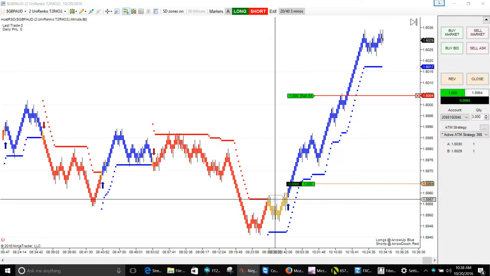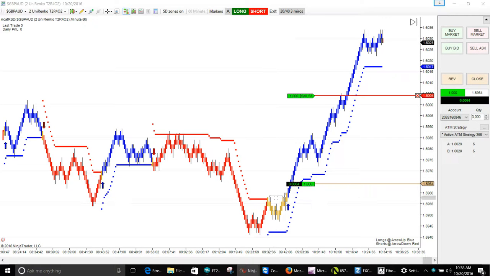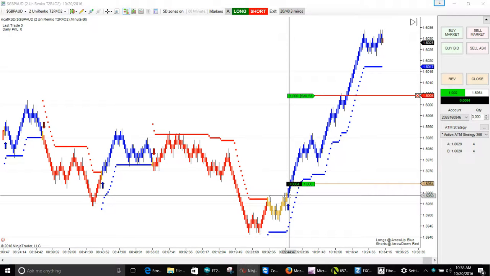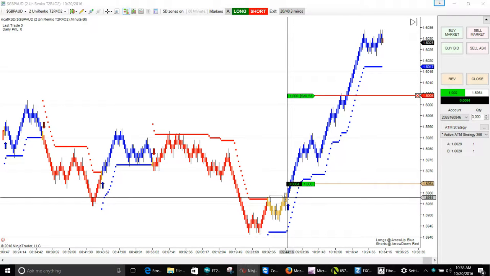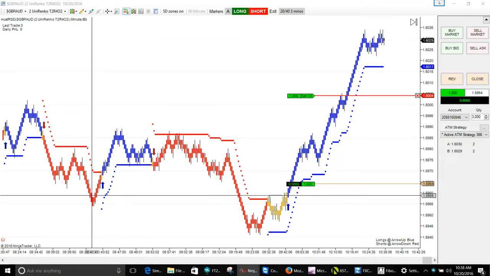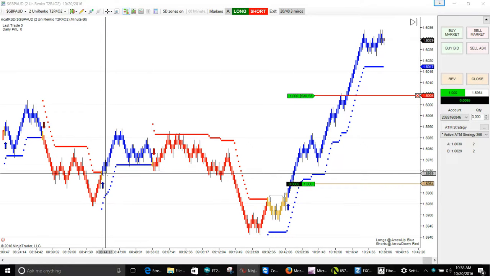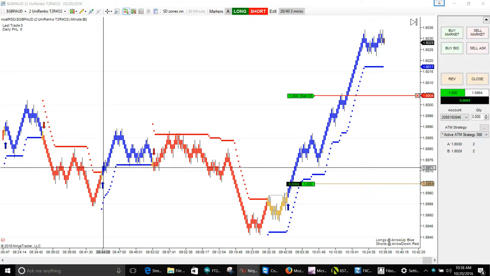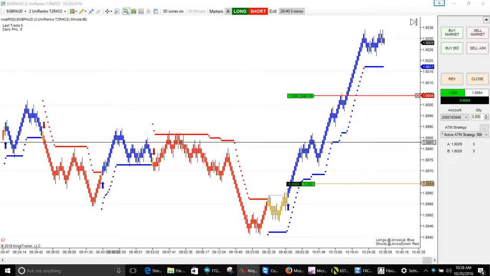I have a 10 candle swing option here, swing strength. So it's got to break that in order for it to call a trade in the opposite direction, or we get two consecutive candles like this one here. You have one gold candle. You get two consecutive candles that break this point here, and then it breaks out and calls a buy trade.